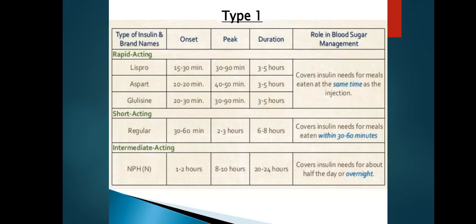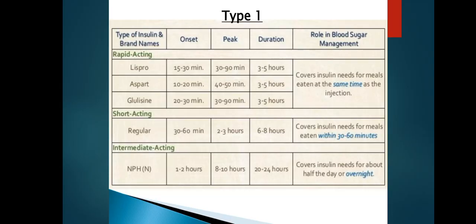And what will be the peak of its effect? Over 50 minutes. And the duration of its effect will remain for 3 to 5 hours.